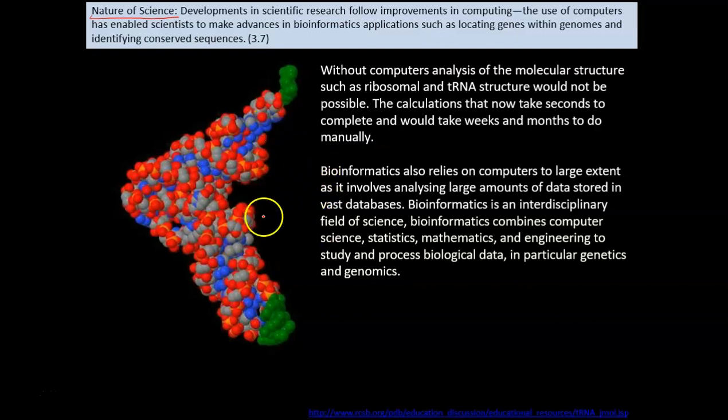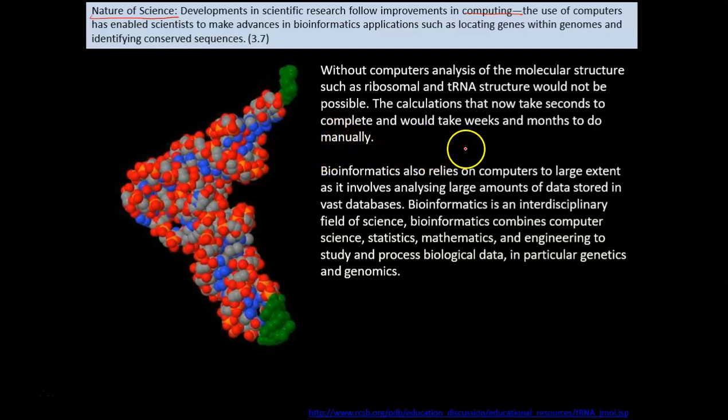Nature of science here is related to computers, bioinformatics, and those programs. Developments in scientific research follow improvement in computing, and the use of computers has enabled scientists to make advances in bioinformatics applications, such as locating genes within genomes and identifying conserved sequences.